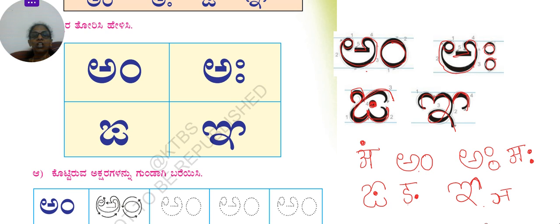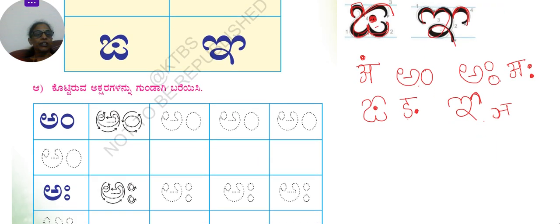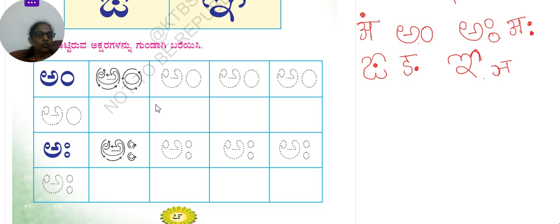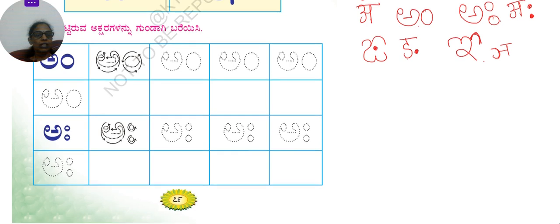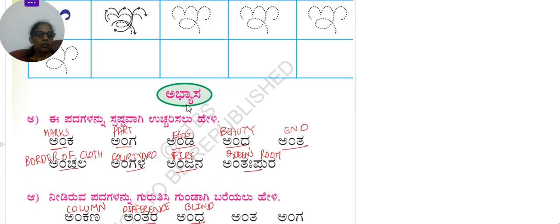There are not many words which start with any of these alphabets. So let us continue. So here it is just showing how to trace and write it. Then the next page also, the next 2 alphabets are continued on how to write it. And now Abhyasa. This is the exercises.